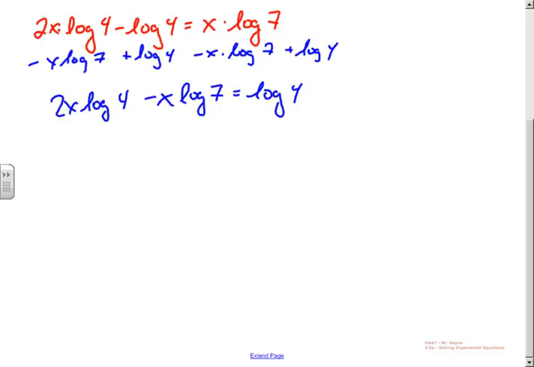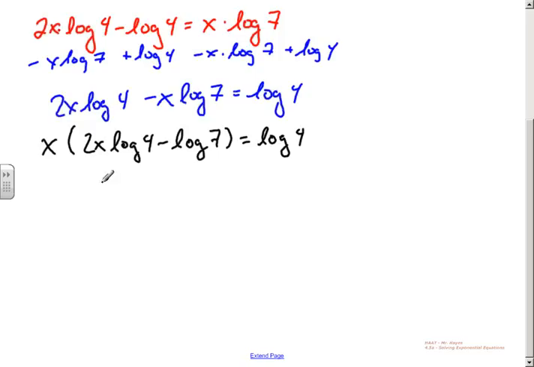Now, do not be tempted to factor out just the word log. You can't do that. Log is, as I've said many times, an operation. It is not something you can just mess with.